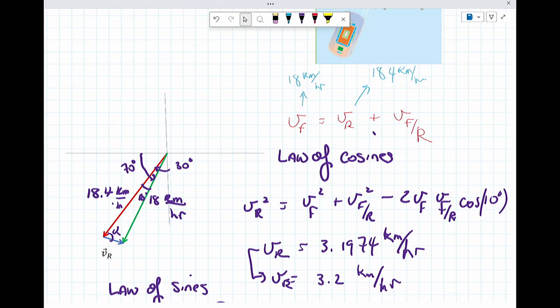So I'm getting the velocity of the ferry relative to the river. That measured velocity on the ferry is the velocity with respect to the river, because the river is pushing it at the same time. So you can see that in the end, this is what you end up with, because you're pushing in one direction and you end up being pushed by the river at the same time. So it's really important to break it down into these types of approaches.